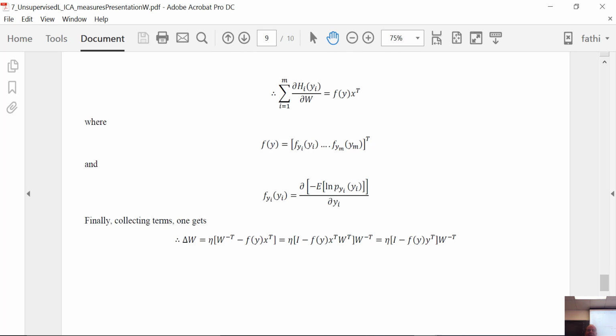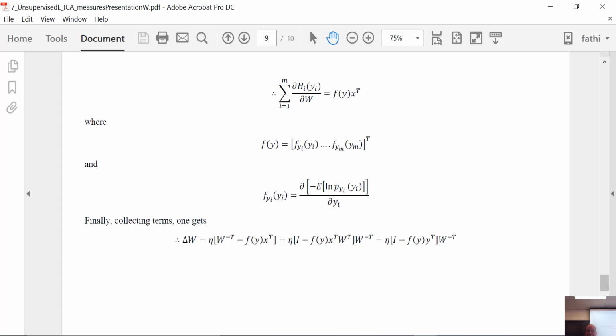Bottom line, you can actually calculate an update law for the parameters that will serve to render the output having that density, okay? And also the output becomes statistically independent.